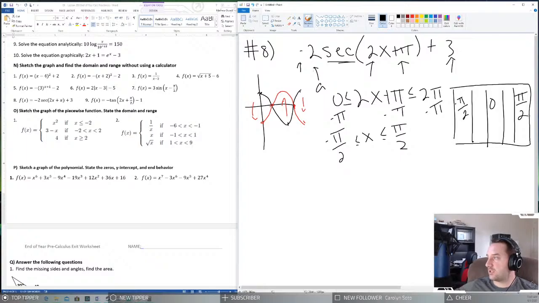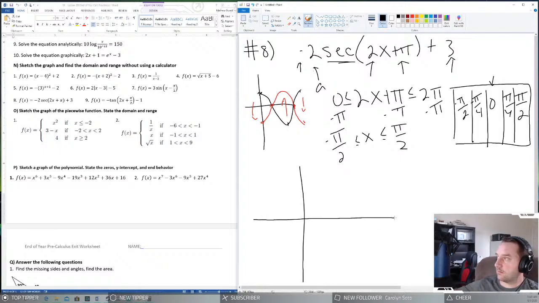Add the ends, divide by 2, you get 0. Add the ends, divide by 2, you get negative pi fourths. Add the ends, divide by 2, you get positive pi fourths, since those values are in the middle. And so now I can draw my graph and start labeling it. So this is negative pi halves, negative pi fourths, 0, pi fourths, and pi halves.